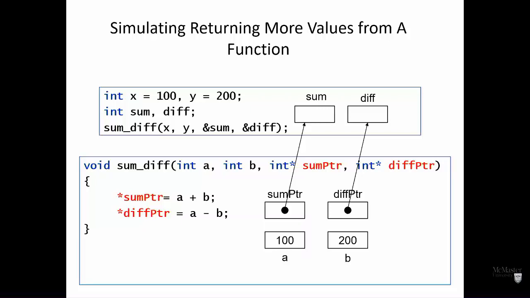That means I should go to the sum pointer value, read the address, go to the memory location that the address is pointing to, and use this variable. What I'm going to use this variable for is to assign the sum into the variable. So add these two, 300, take the address, go to the memory location, put the 300 here. This is what the compiler or the hardware at the end is going to do when you execute such a program. Good? Okay, the same thing for diff pointer.